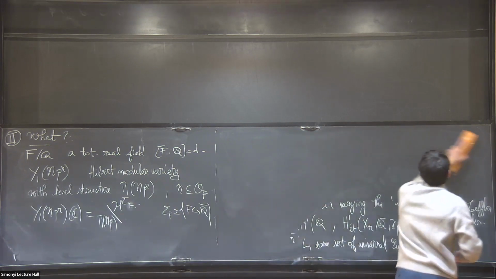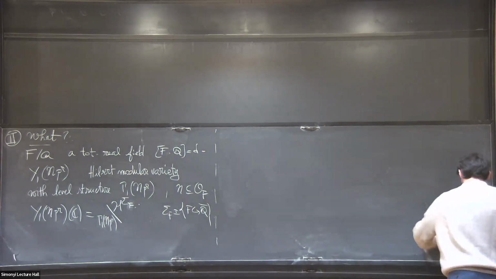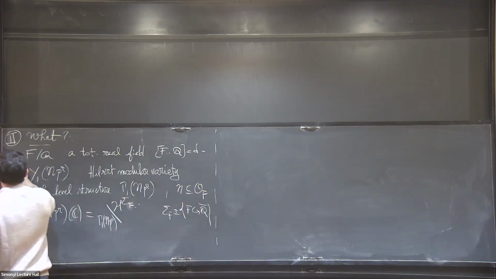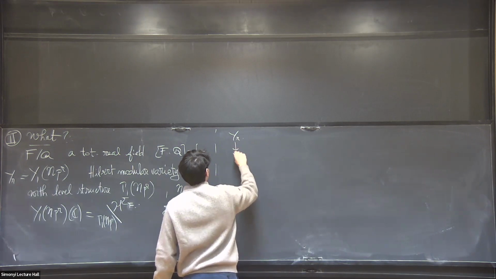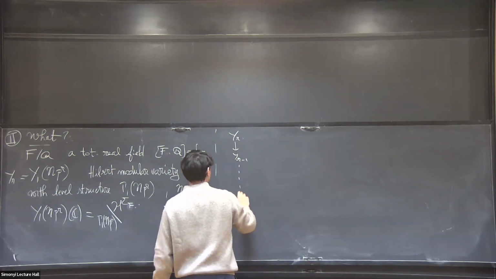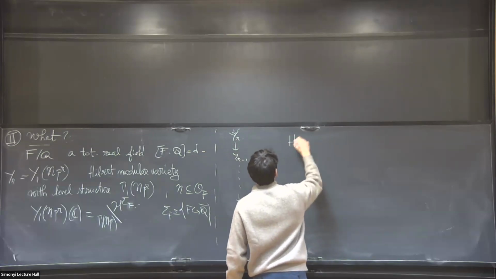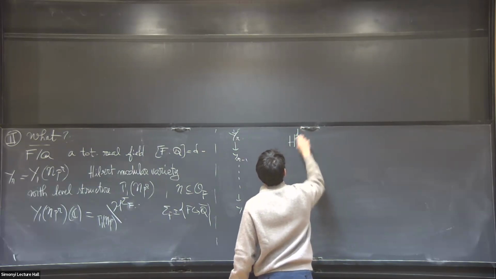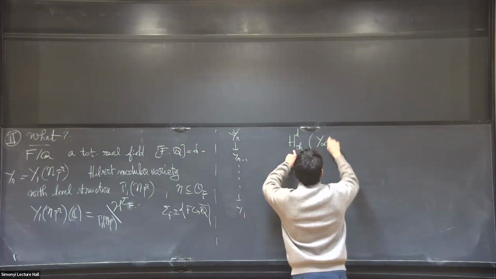Then as before, you have a tower. So maybe let me denote this by Y_r. So we have again our tower Y_r, Y_{r-1}, etc. And we can consider, as before, the H^d, this time d is the middle degree, of Ohta of Y_infinity.